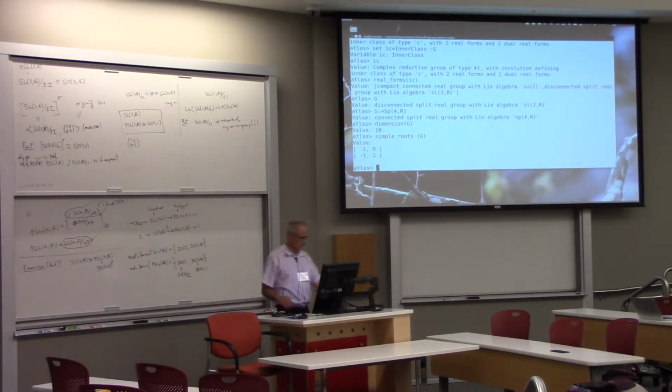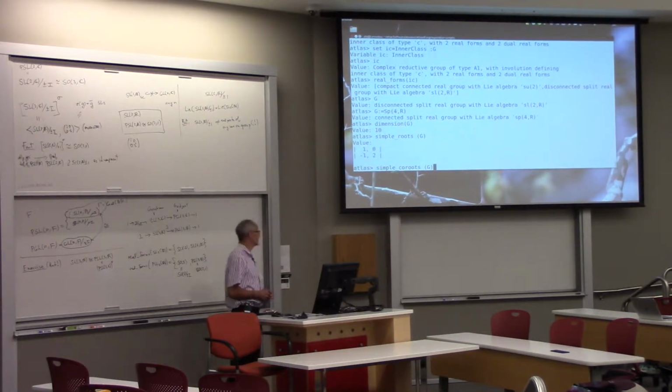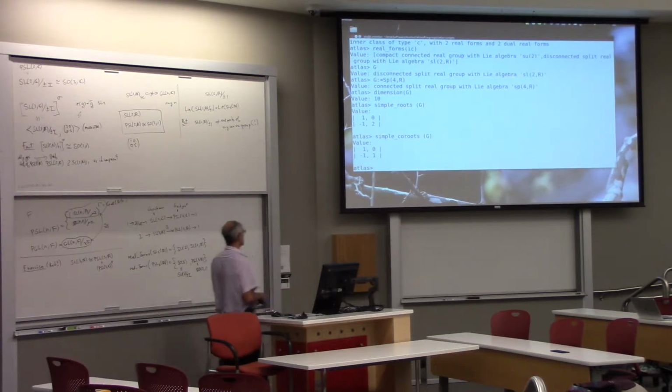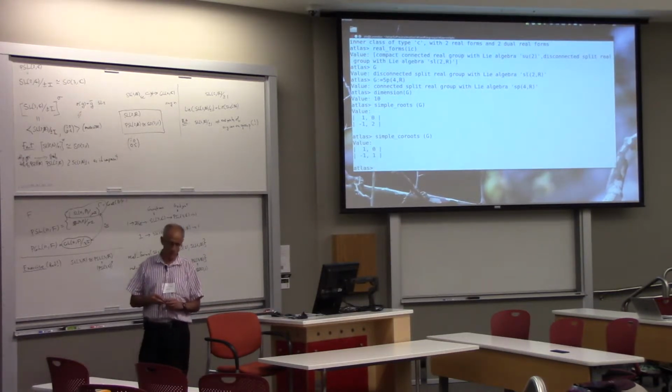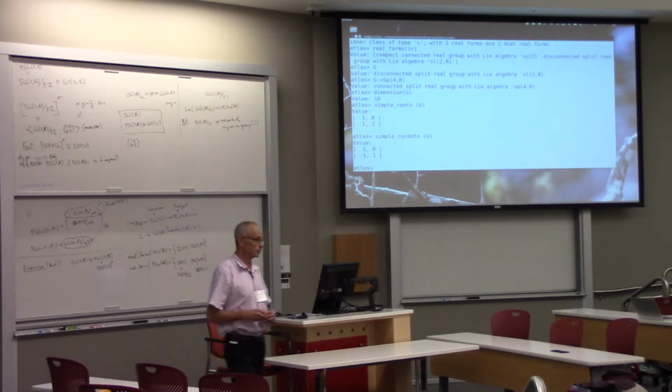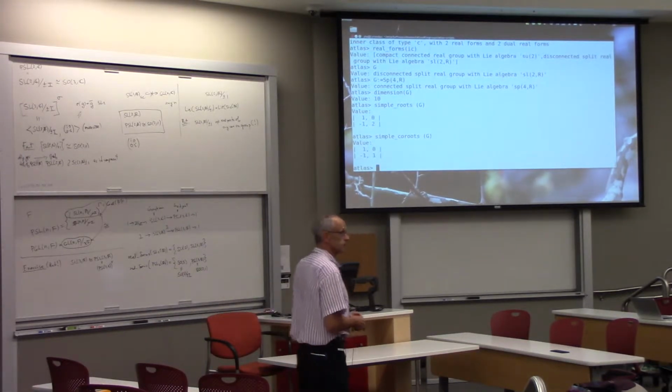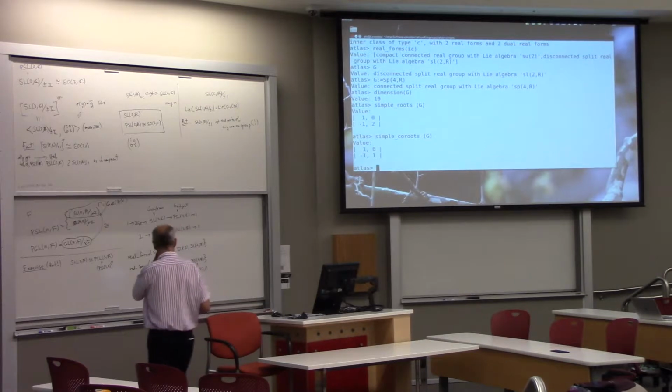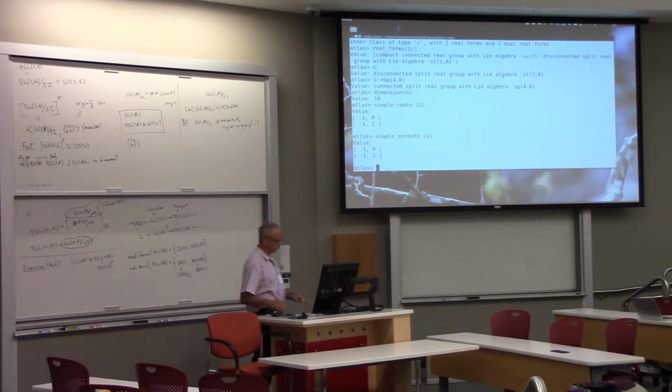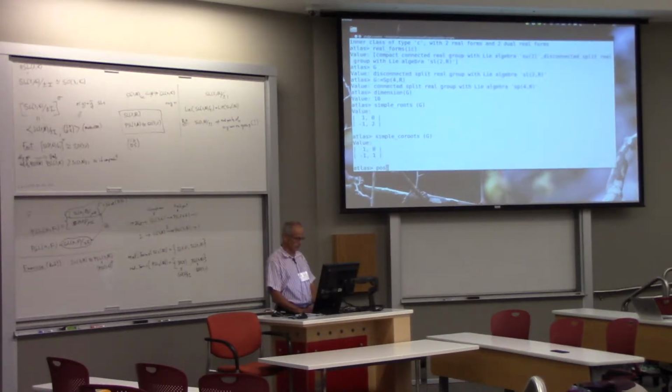And what are the simple co-roots? Let's pause there for a second. So let's see. When you take the simple co-roots, the (0,2) turns into (0,1). Right? Suppose you want to know all of the roots.